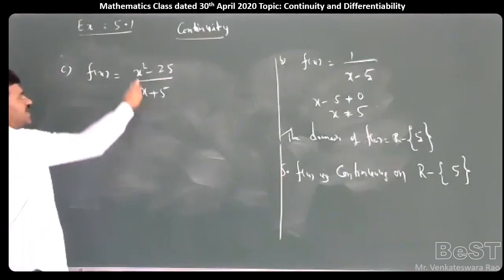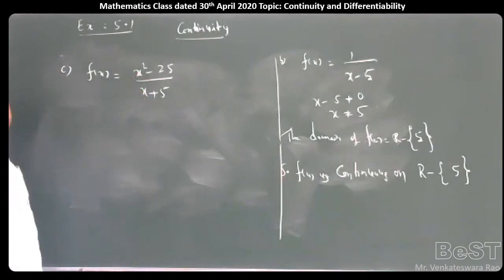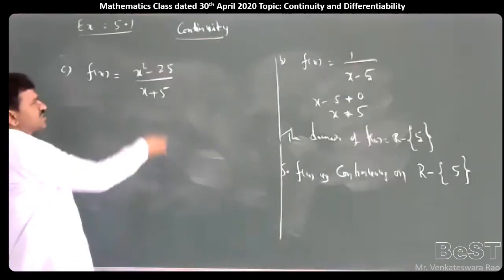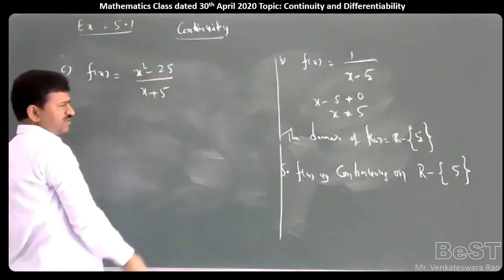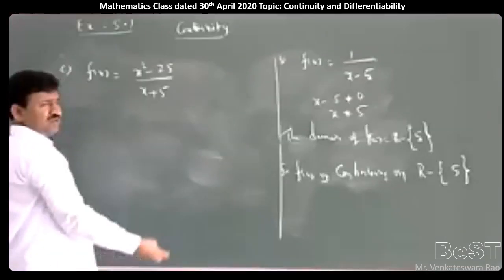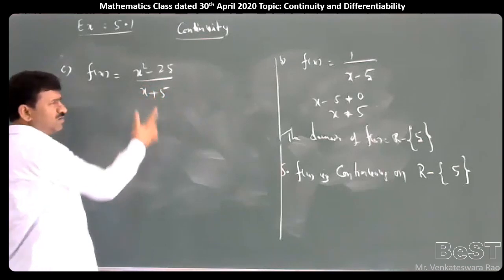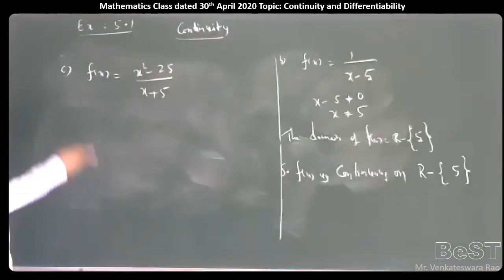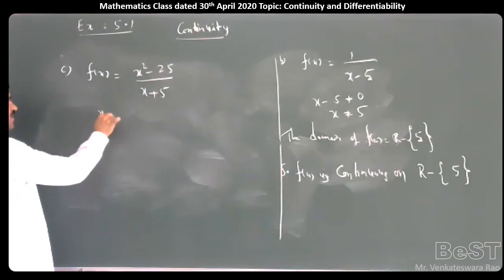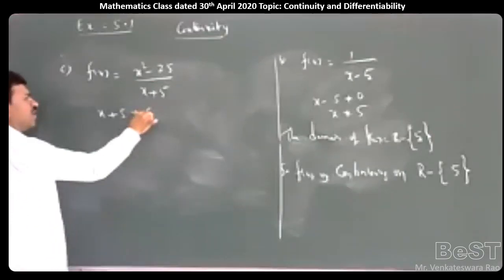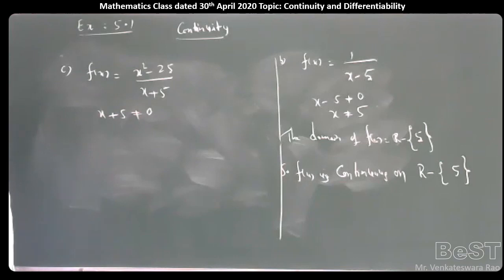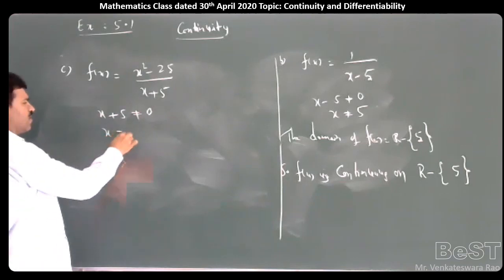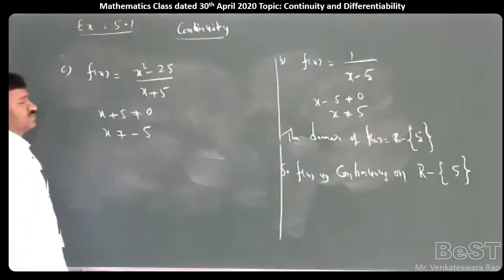This is also a rational function, like f of x by g of x. The numerator x square minus 25 is always defined, the denominator is also always defined, but when the denominator is 0, f of x by g of x is not defined. So take x plus 5 not equal to 0, applying this condition. So x is not equal to minus 5.